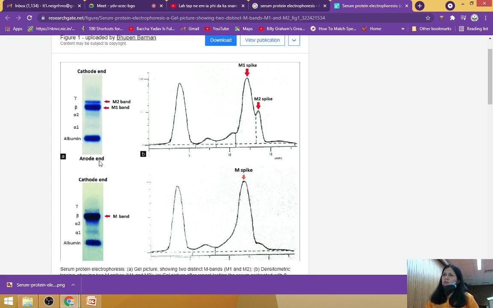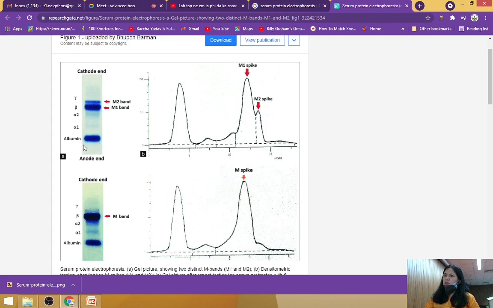The tank is connected at both ends to opposite electrodes, one the anodal side and the other the cathodal side. Then you suspend the glass slide with the agar medium in the buffer present in the tank and connect it to an electrical field.